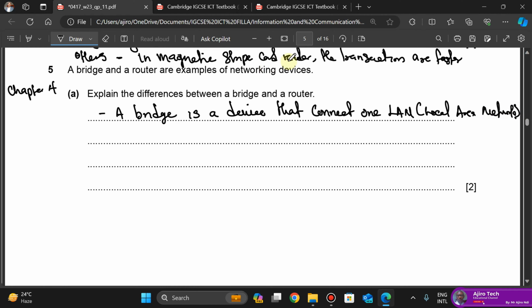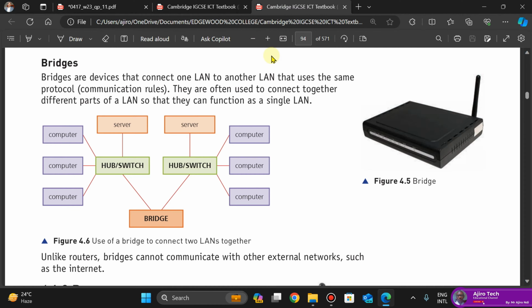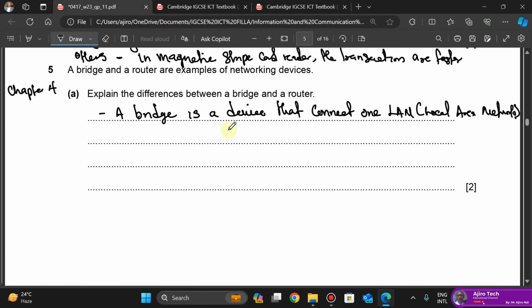Okay, and what does it do? It connects one LAN to what? To another LAN, using the same protocol.